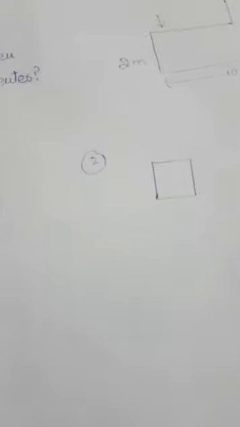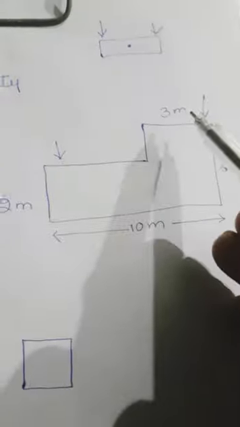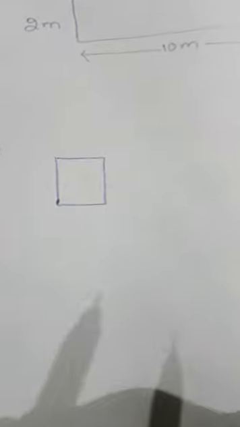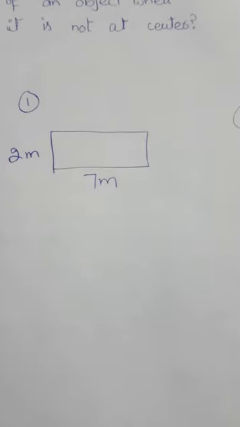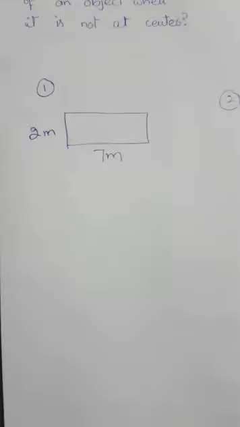Okay, the first part has parameters: height is 2 meter and length is 10 minus 3, which is 7 meter, and this part has 3 meter and 6 meter length.